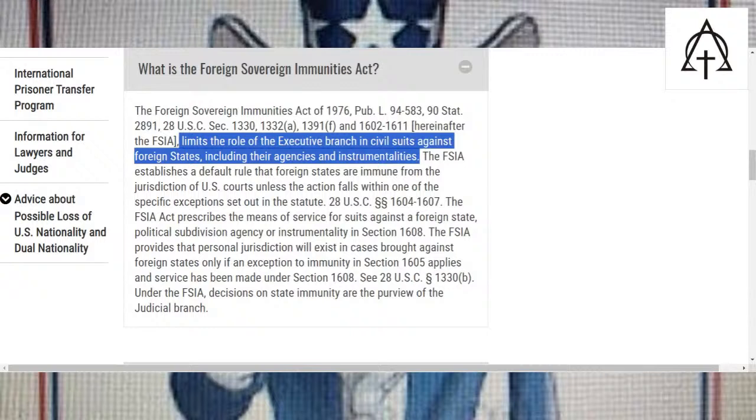The birth registration is such instrumentality.